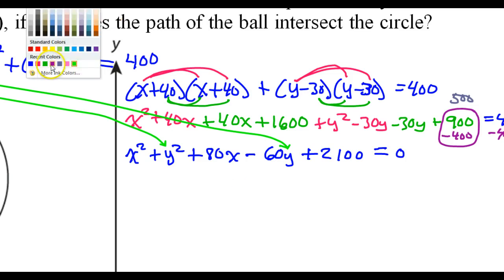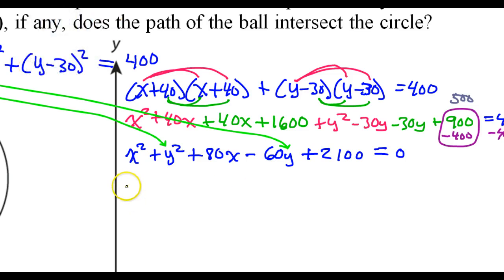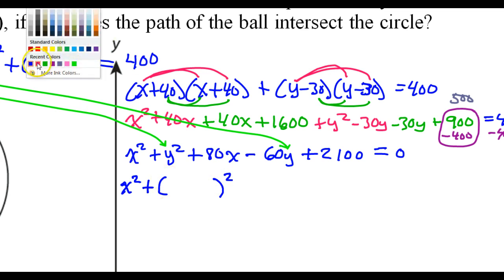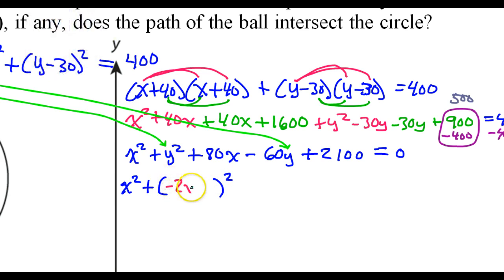So if I do that, I'm still going to have my x squared, but where I have y squared, I'm going to put parentheses to get ready to substitute. And like I said, that's going to be negative 2x minus 20.